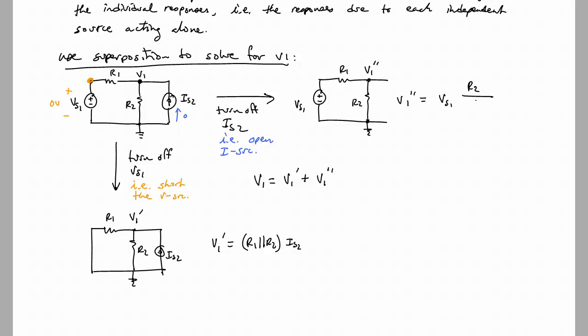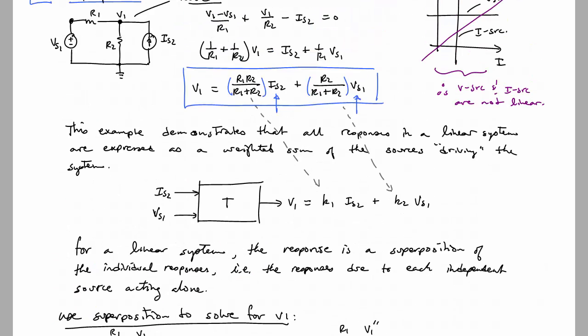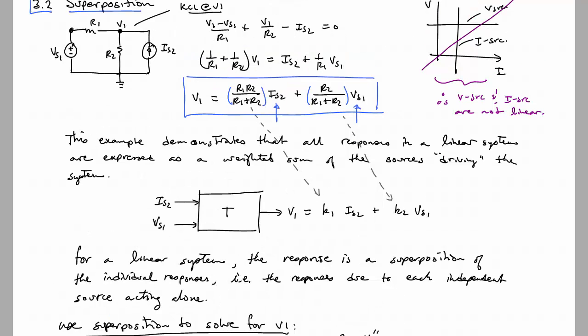And so that's going to be, by inspection, the voltage across R2, which is R2 over R1 plus R2 times VS1. And we put these two together to arrive at V1 is equal to R1 R2 over R1 plus R2 times IS2 plus R2 over R1 plus R2 times VS1. And this answer is exactly the same as what we found previously.